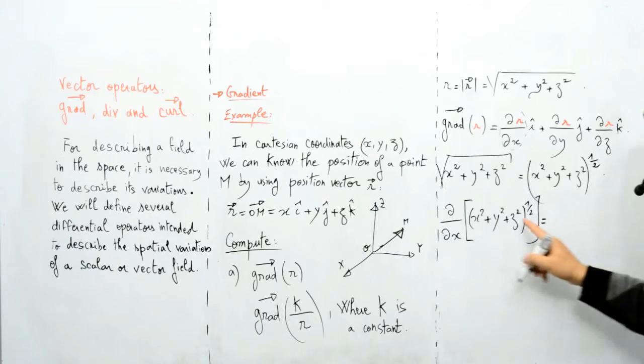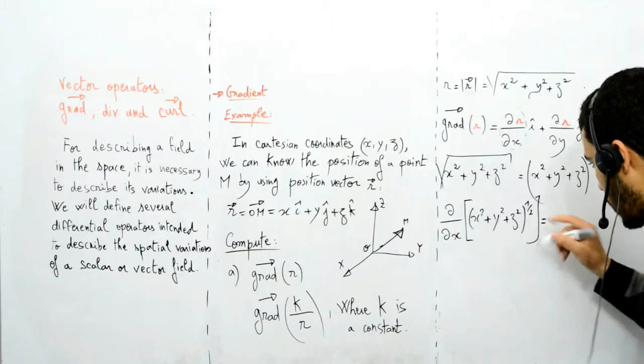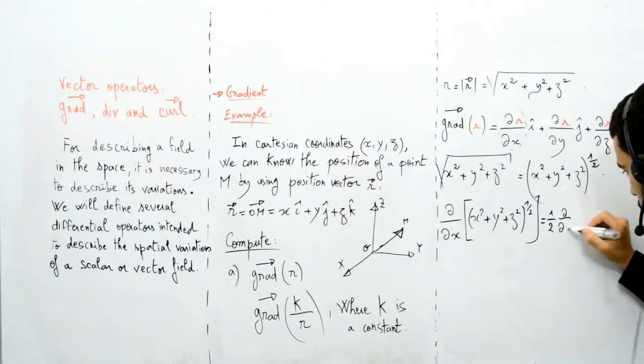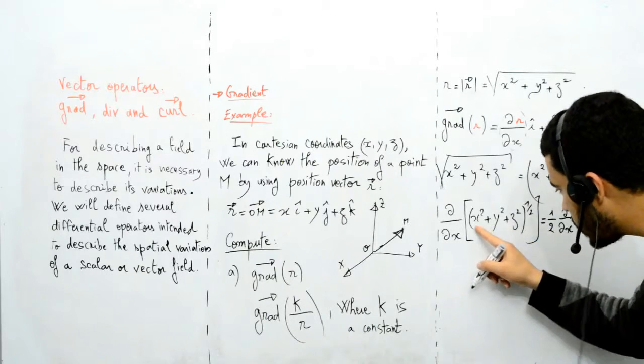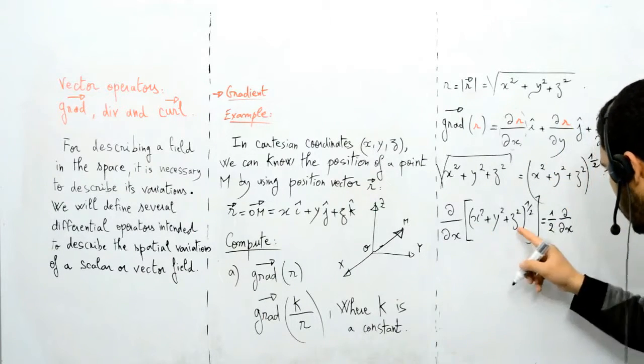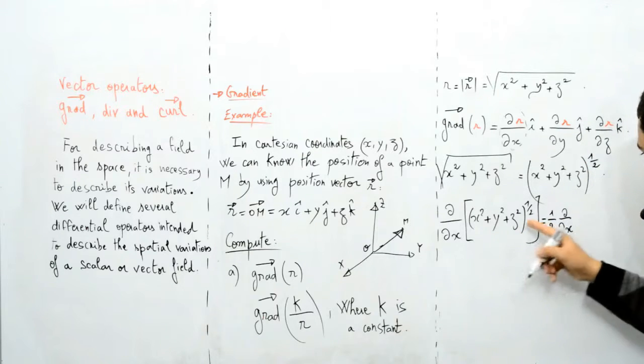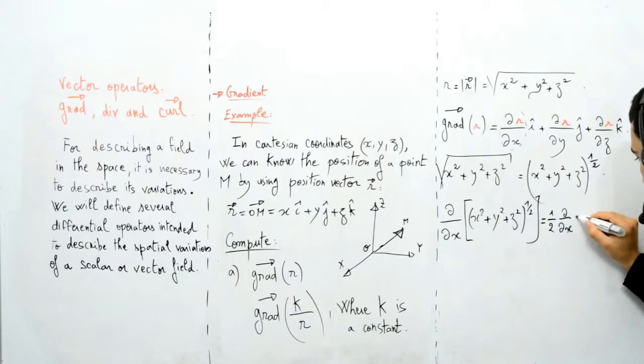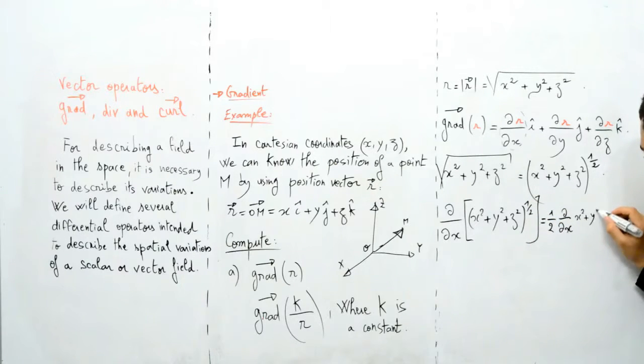Okay, so here I have 1 over 2 times partial over partial x of this quantity x squared plus y squared plus z squared, and don't forget x squared plus y squared plus z squared to the power of 1 over 2 minus 1.